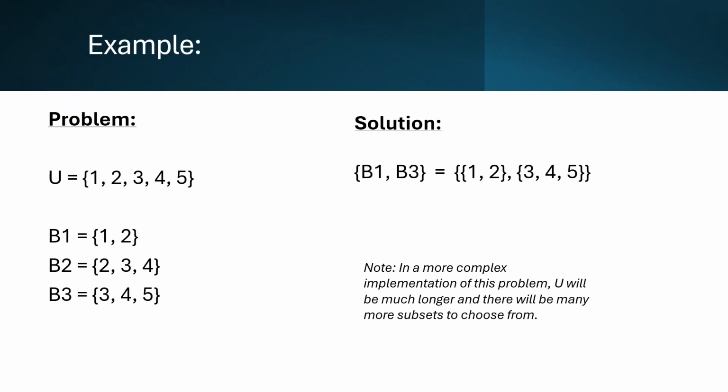So let's look at a very simple example of the set cover problem. On the left here, you can see that we have our set U, which consists of the numbers 1, 2, 3, 4, and 5.